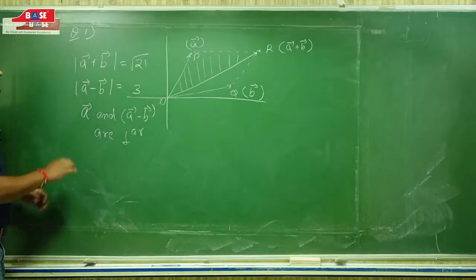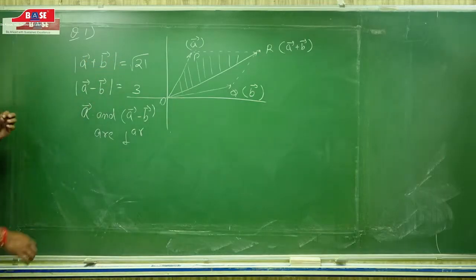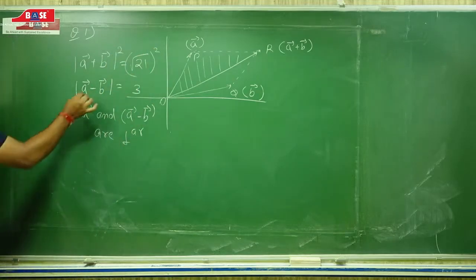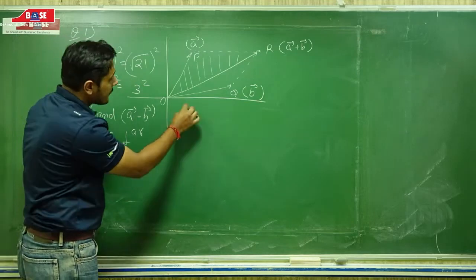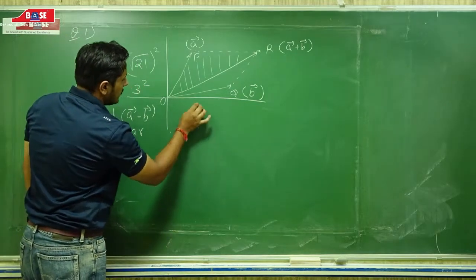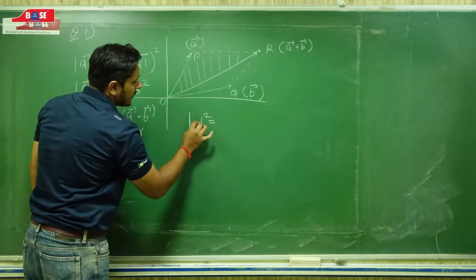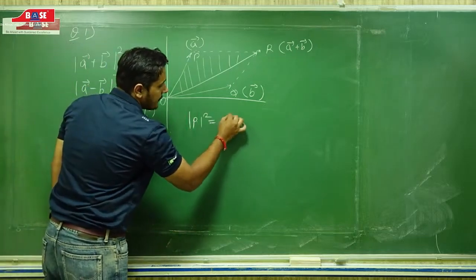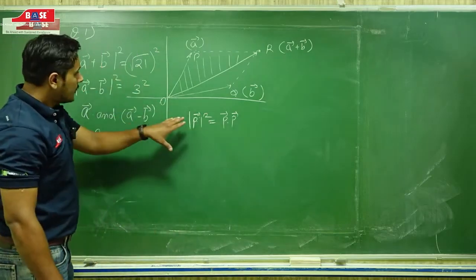Now as we learn, whenever we have mode given, we cannot do anything with the mode. So the best way is to square both the sides. Square this also as well as square this also. We know mode of some vector p, mode of p square is p dot p.